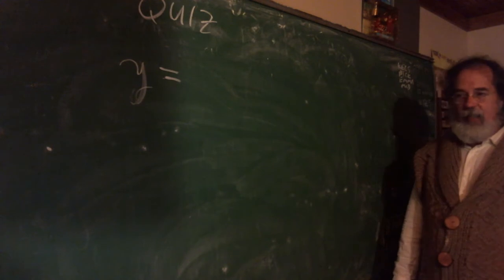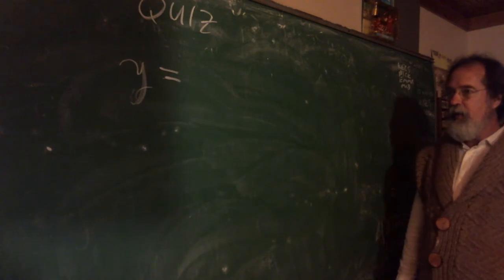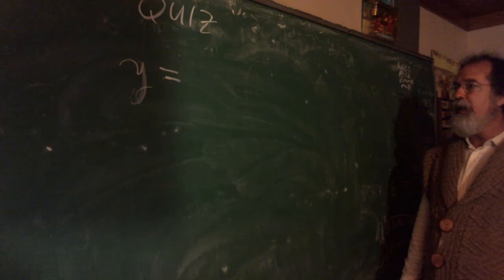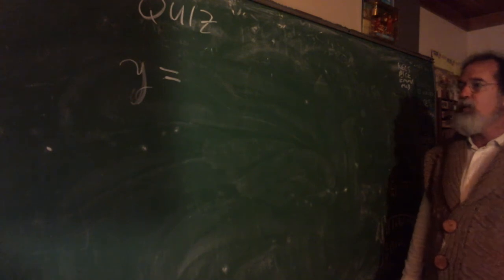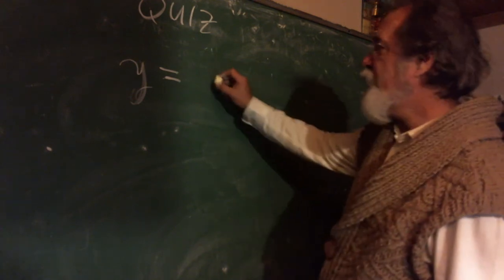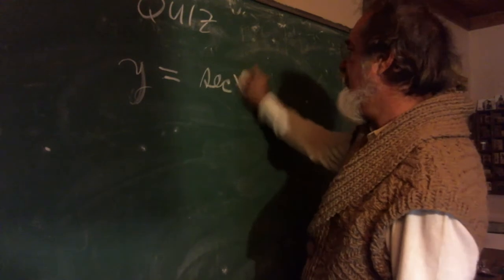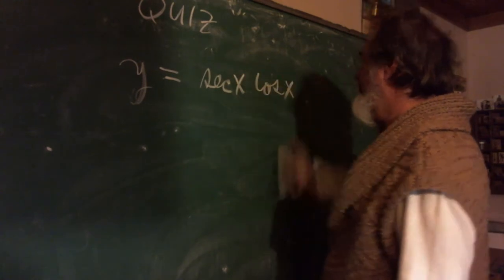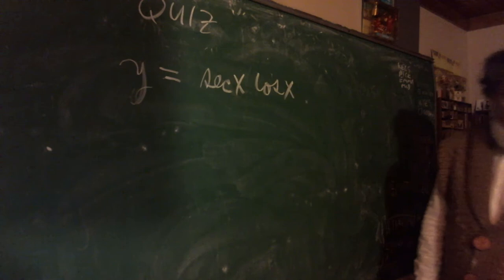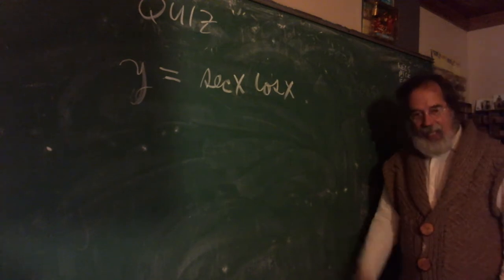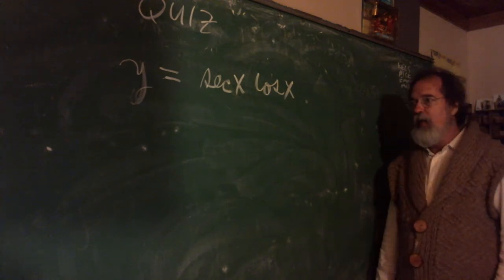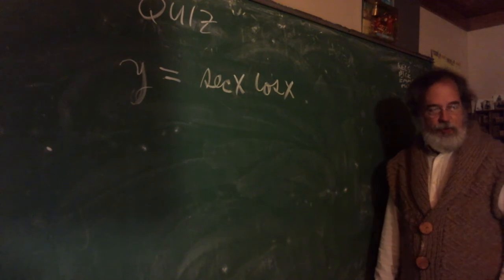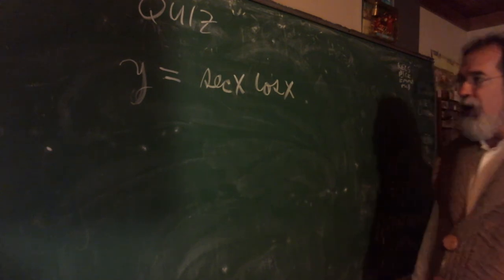Now we did one like this on the quiz, and let's see if you can recognize another opportunity like that. So suppose I have y equals secant x cosine x. By saying it like that, you already know something's up. Let's pretend we don't notice something's up. So if we do this, it's a product rule.